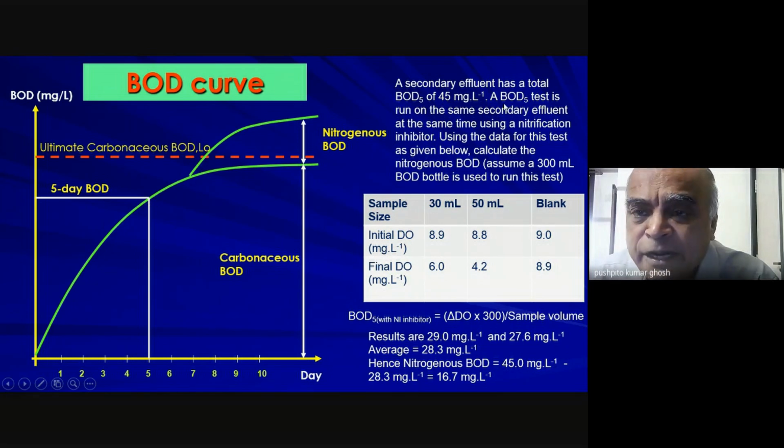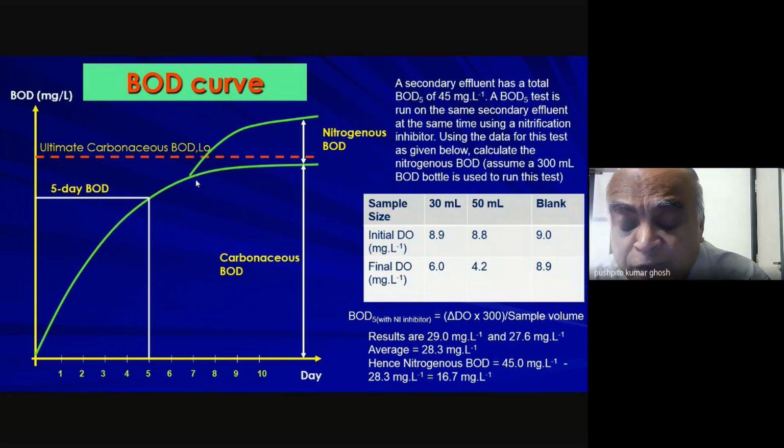But simultaneously, they are also running a test in the same way, except that they have put in some chemical which inhibits the nitrification of your organic compound, so that conversion into nitrates, which will again consume oxygen, is inhibited.